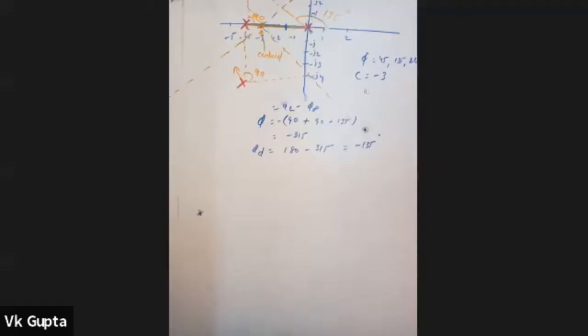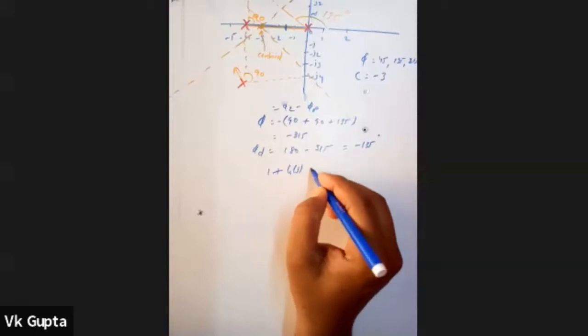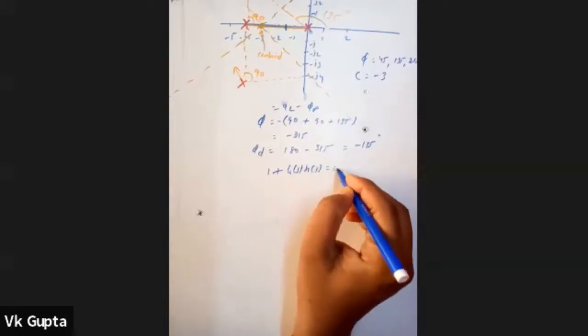We are solving the equation. So you have 1 plus GS HS equal to 0. HS is 1.